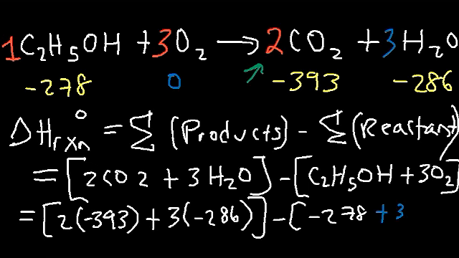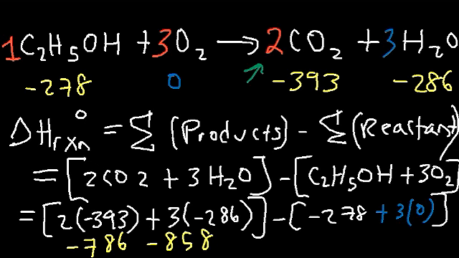So this is going to be 3 times 0. So now we just have to do the math. 2 times negative 393, that's negative 786. And 3 times negative 286, that's negative 858. And then negative 278, that's plus 278. And then the other one is just 0.